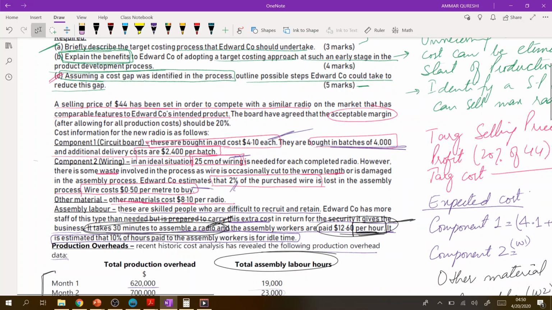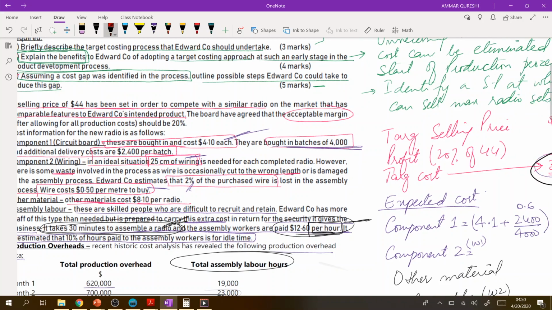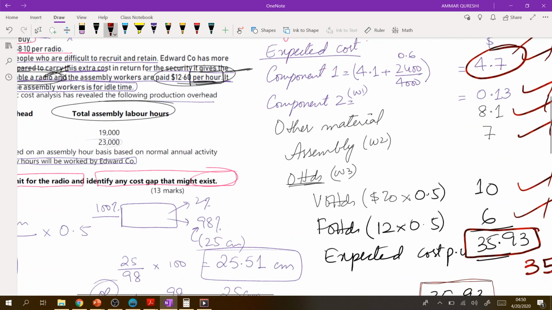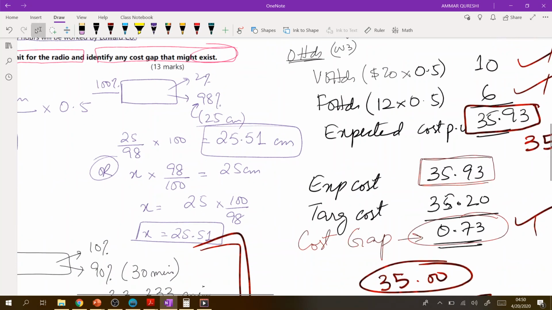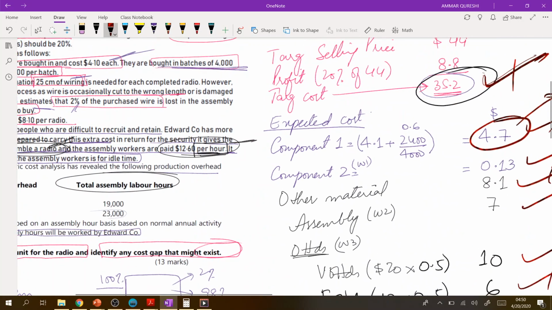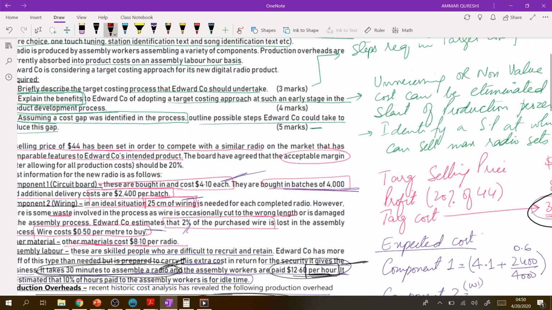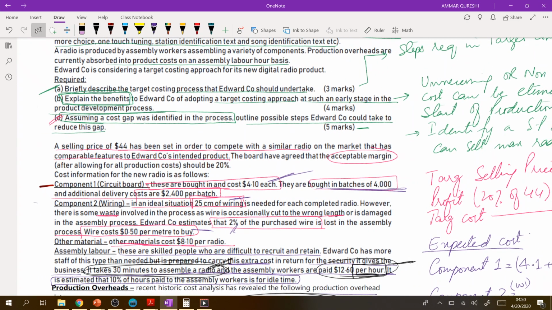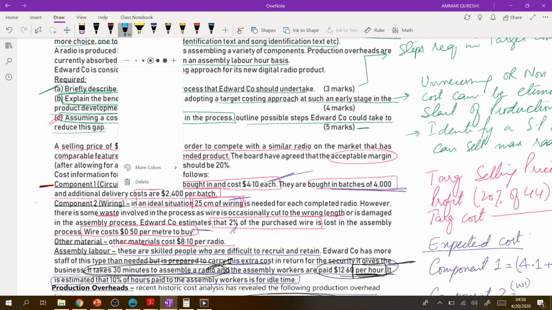Is there any problem with this? How can we reduce component one cost? See, you have a very small cost gap, so a very simple step can reduce or eliminate this cost gap. You don't have to worry too much about this one.